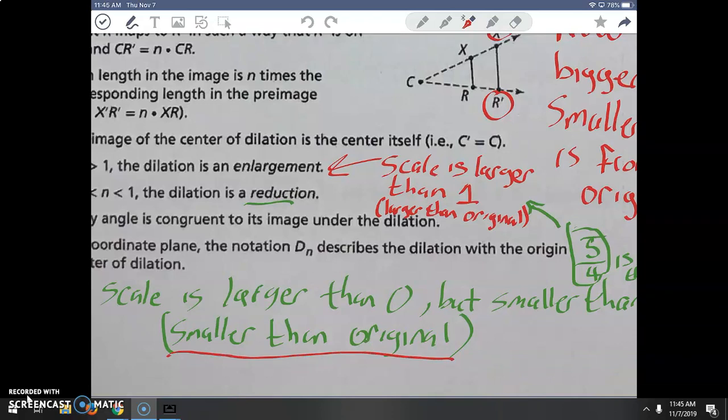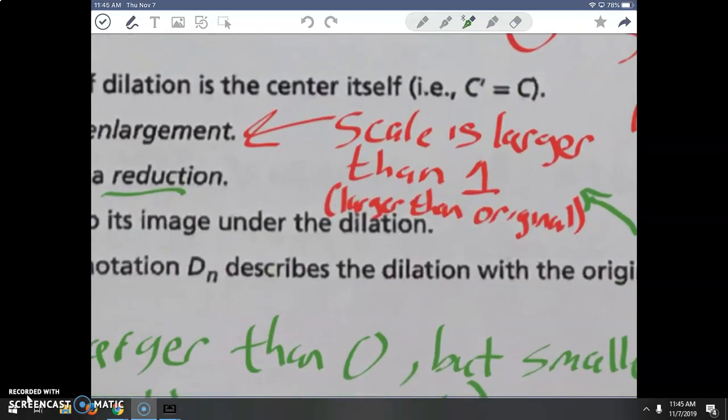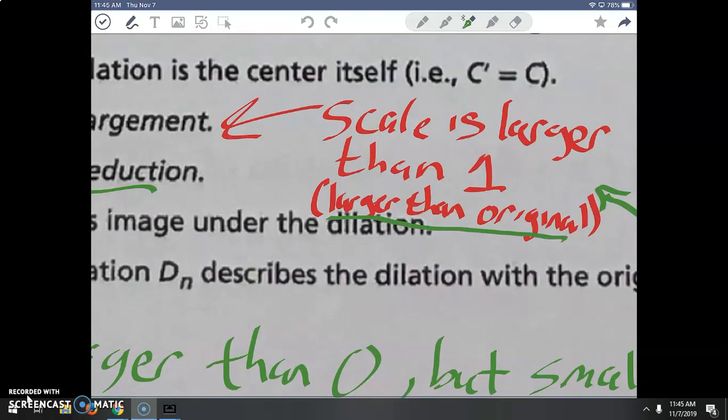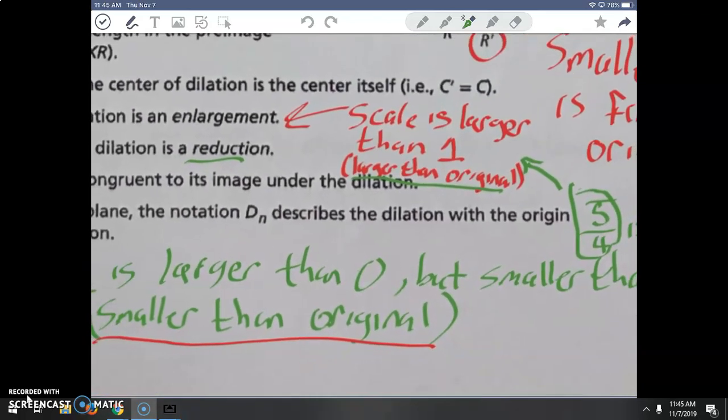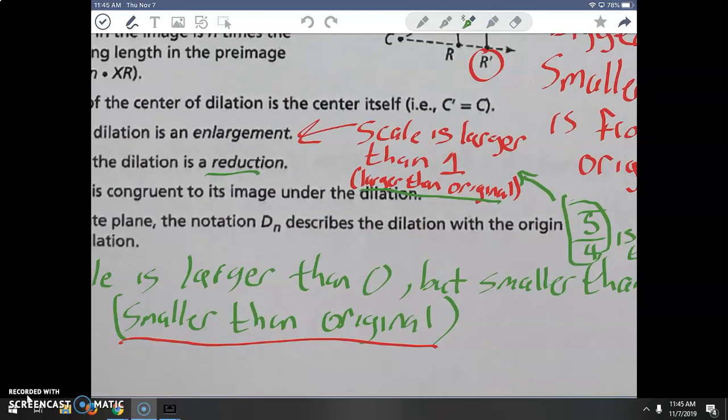And here, larger than original. So if it's an enlargement, it's going to be bigger than the original, or your pre-image, and a reduction is going to be smaller than your original, also known as your pre-image.